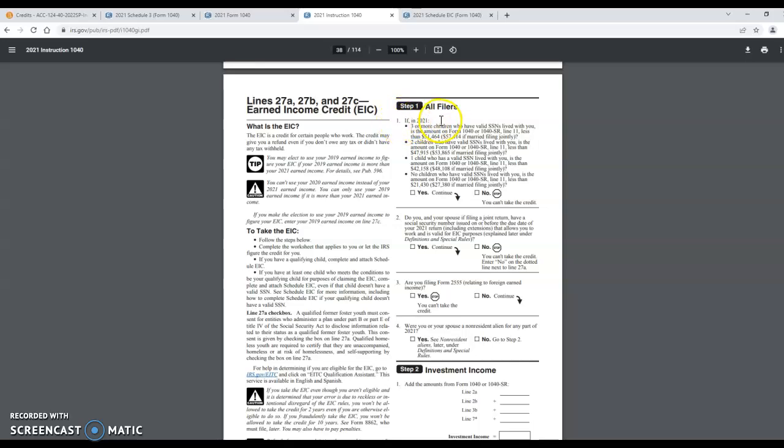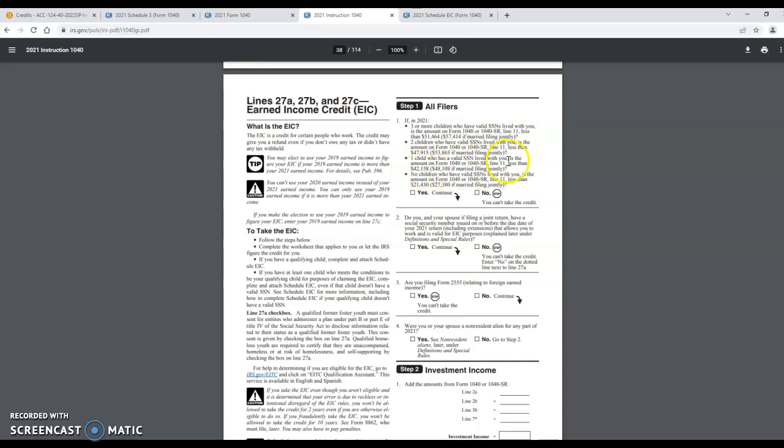Number one, if in 2021 he has one child who has a valid Social Security number and lived with him, is line 11 less than 42,000, or 48,000 if married filing joint?